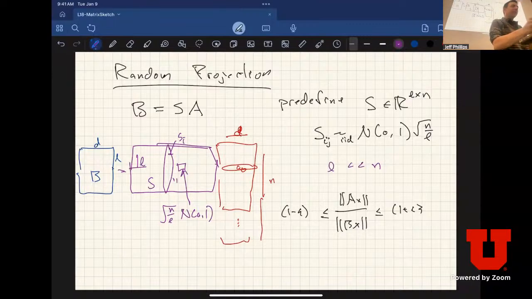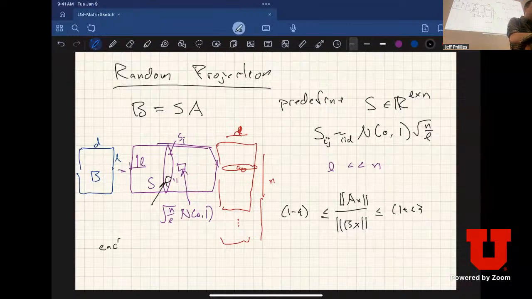What you want to do instead is a sparse version of this, where I'm going to make S sparse. There's a lot of questions like, could we do a random projection so it's sparse? You can't do that in general here, but you can do something like a count sketch.